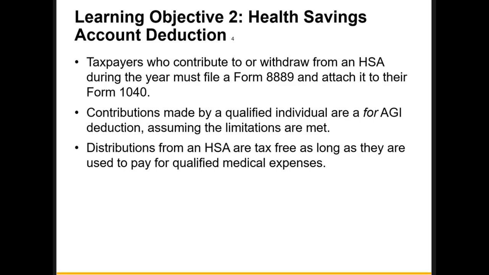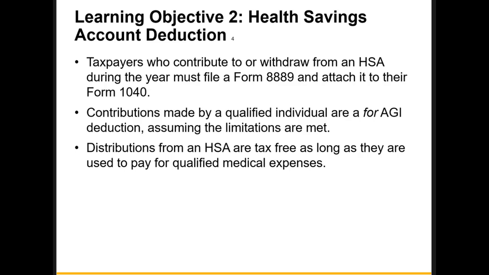That's something you'd look up anyway. So the amount we're talking about, assuming you don't go over the maximum and you have everything in place to qualify, is a for AGI deduction on the 1040 Schedule 1 that we looked at at the beginning.